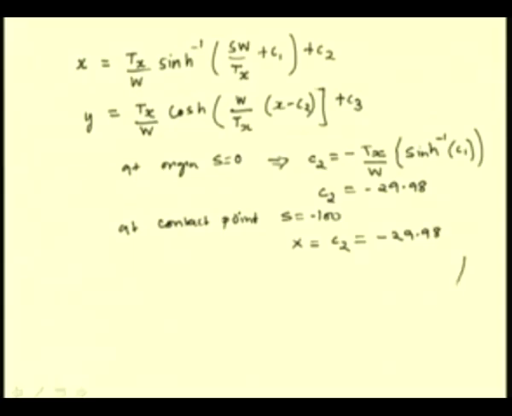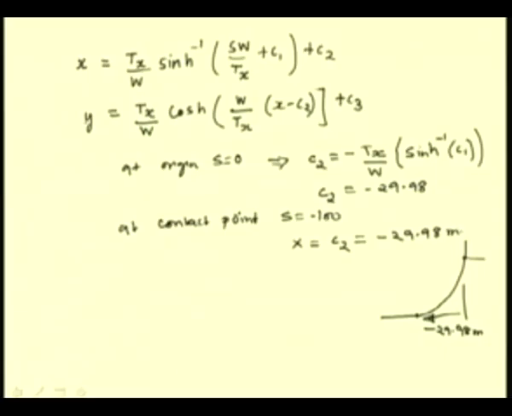So, if you remember that this is the cable and this is our coordinate 0, and we have found that at the point where the cable is in contact, the x distance is minus 29.98 meters.